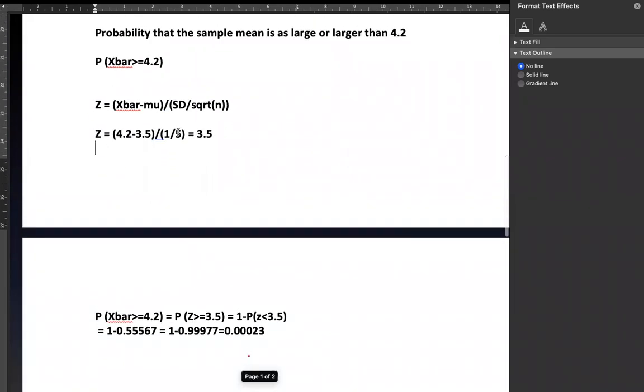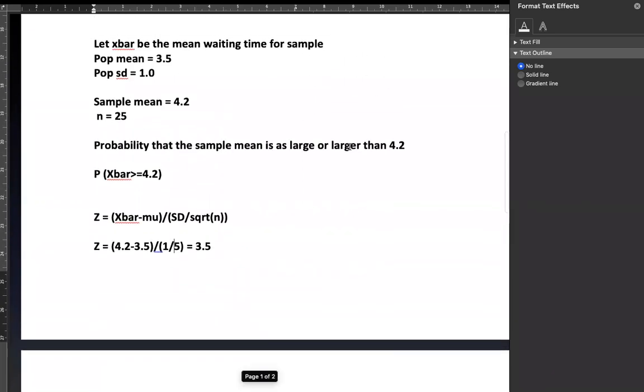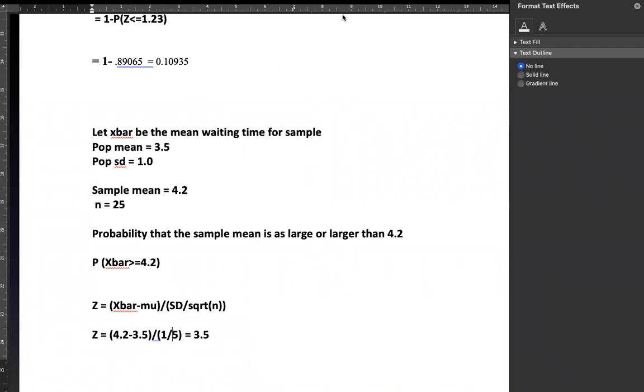So the 3.5 is actually 4.2 minus 3.5, where 4.2 is the x bar and 3.5 is the mean, divided by the standard deviation over the square root of the sample size. That gave us the 3.5. Then we plug the 3.5 into the standard normal table to get the probability. So it's nothing new. Once you go through the calculations, it will be okay for you. All right, you're welcome, Eben.